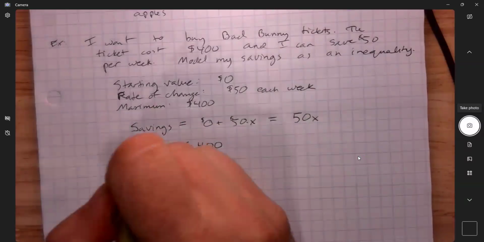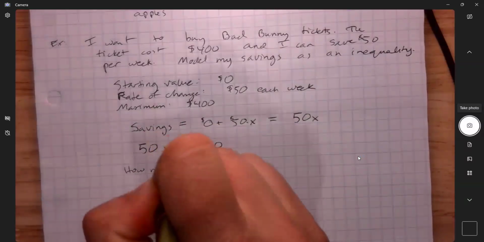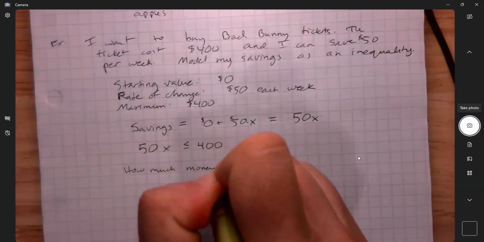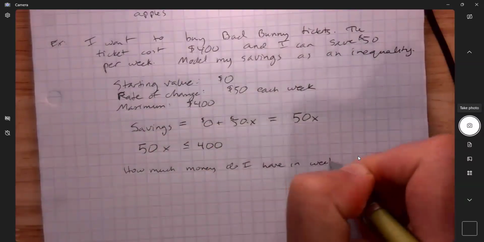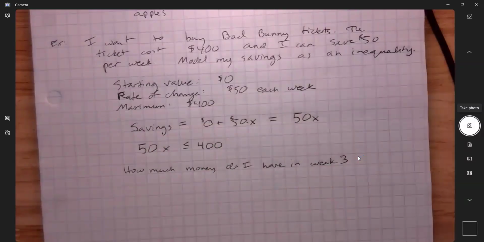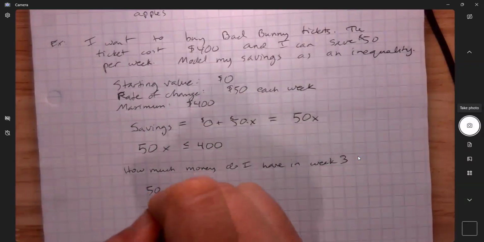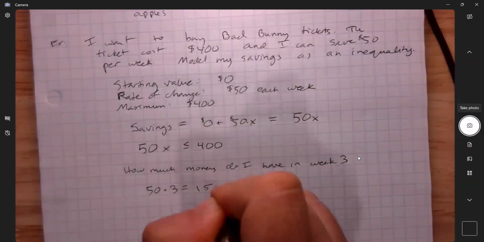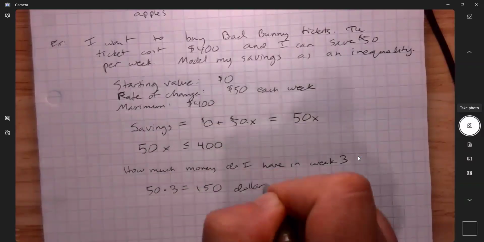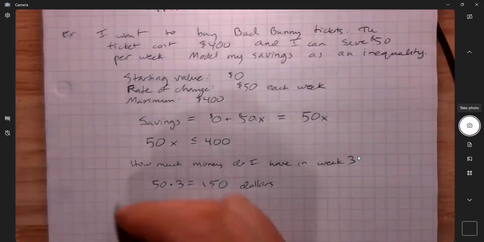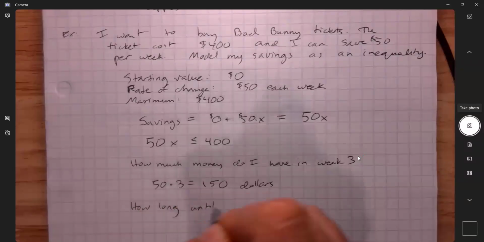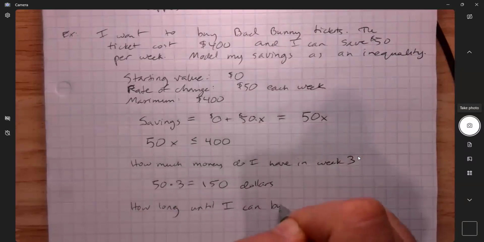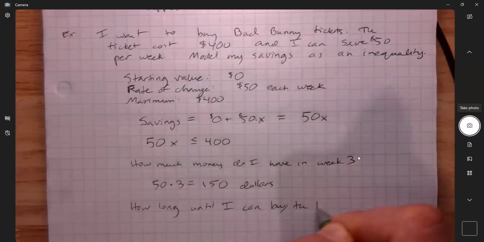Now I could ask things like, how much money do I have in week 3? So that would be 50 times 3, or $150. And how long until I can buy the tickets?